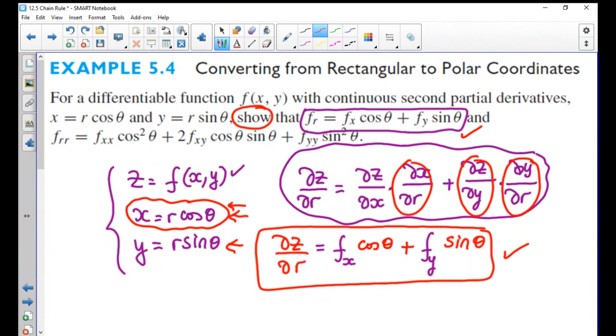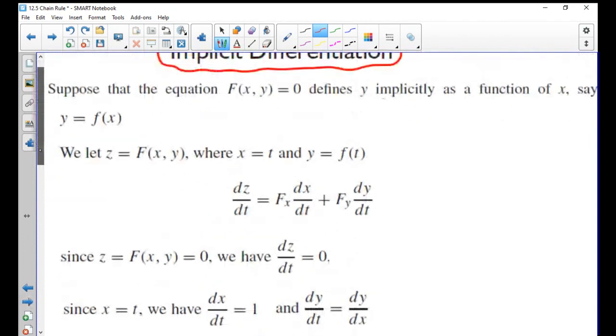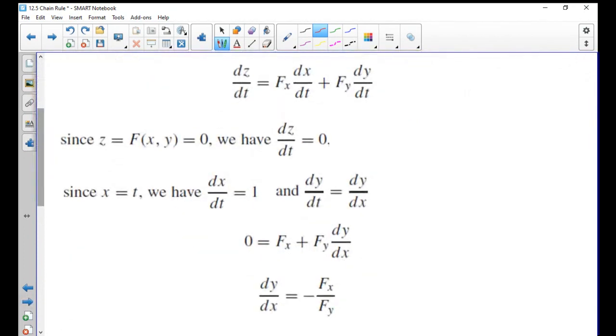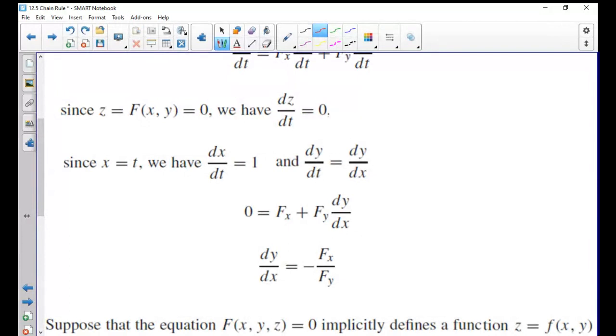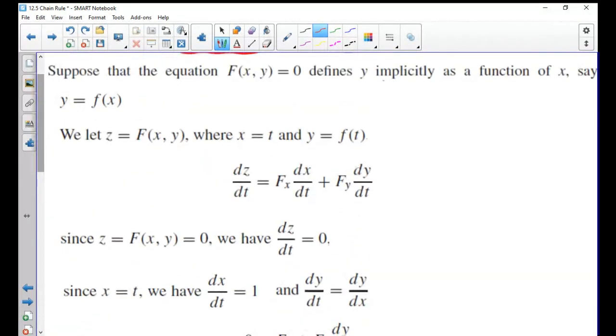Not easy as such, but actually the important thing in this section is this idea of implicit differentiation, which comes often in tests and exams. And this one is really simple. In implicit differentiation, suppose you have a function f of x, y equal to 0.